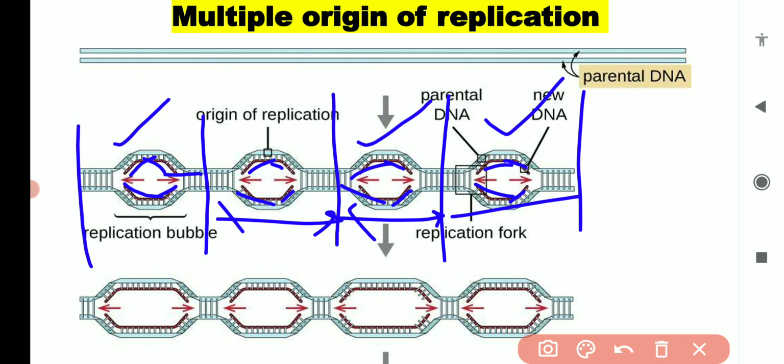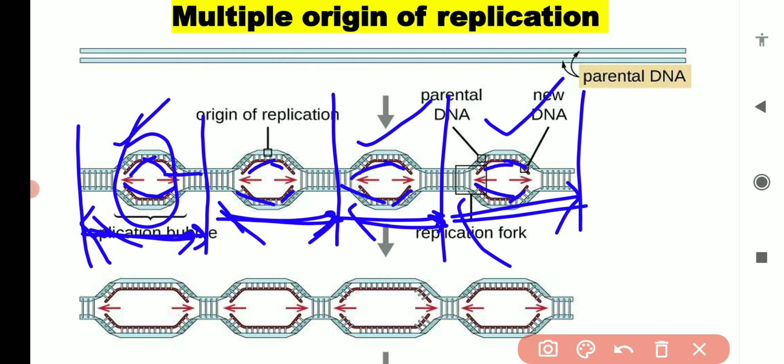So these are known as four replicons. The DNA region which is replicated by a single origin of replication is known as a single replicon. This is the second replicon, this is the third replicon, and this is the fourth replicon.